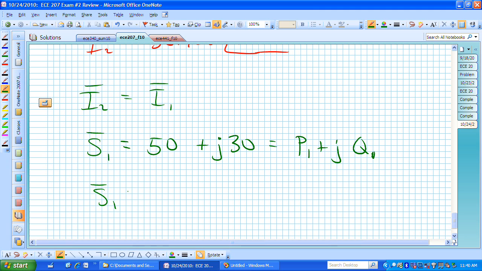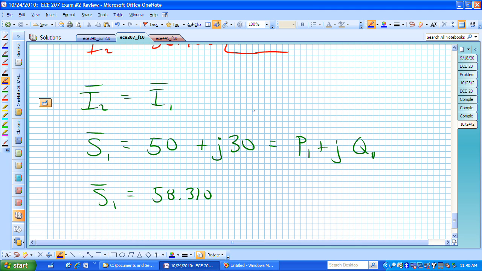It's probably going to be easier because we are going to be doing a ratio to find V1. Let's go ahead and find the complex power in polar form, or the apparent power at a particular angle. This is going to be a little bit larger than 50 because we have the square root of 50 squared plus 30 squared, which ends up being 58.310.